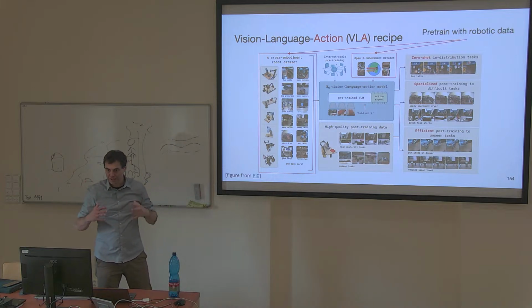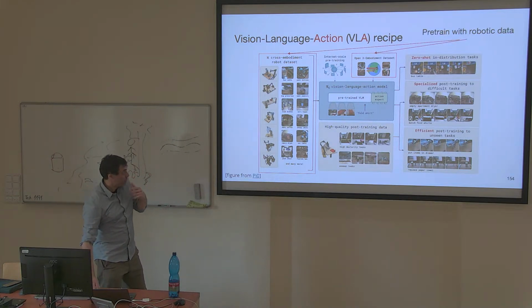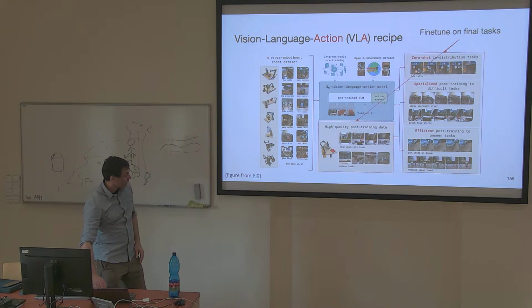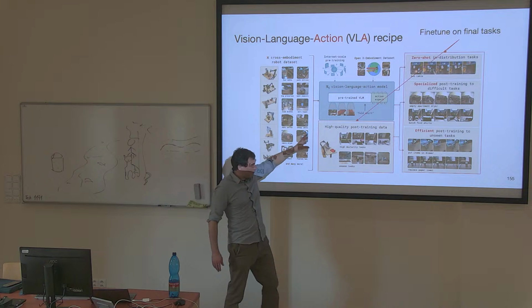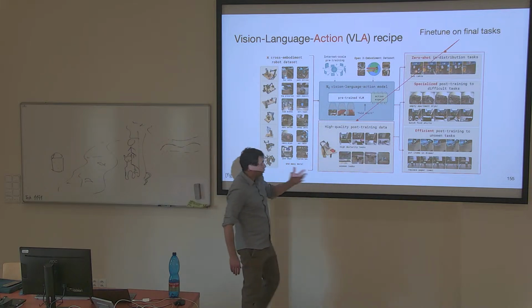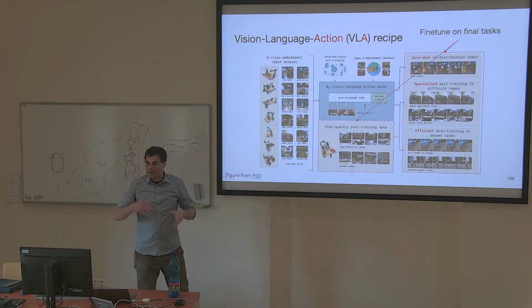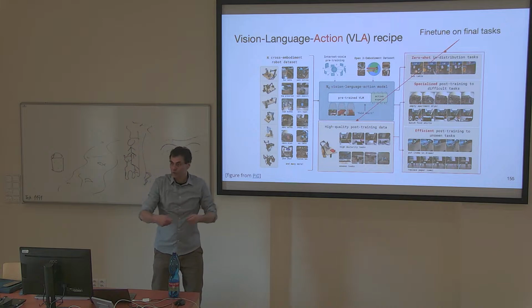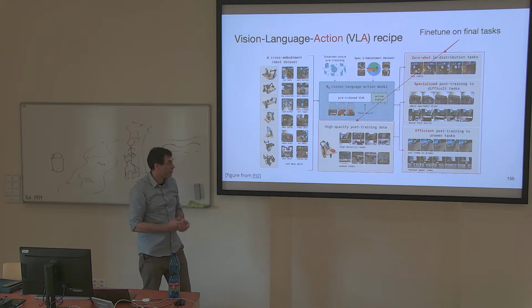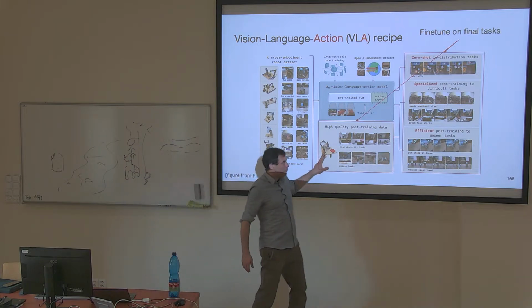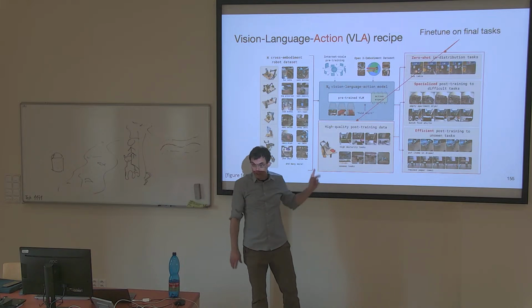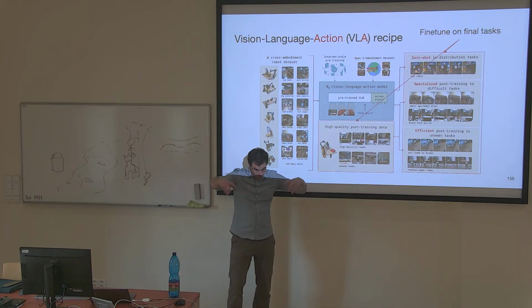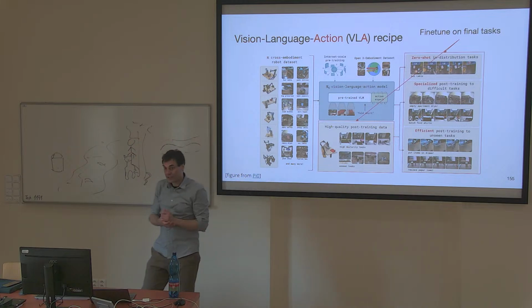The robotics data is much smaller compared to all the other data, but at least it's beginning to grow. And it's fairly coarse. These are different robots in different places. And finally, they do this high-quality post-training when they really train on a specific environment, on manually collected high-accuracy actions, typically for the specific embodiment you're going to work with. So this is fine-tuning on the specific robot, the specific camera viewpoints, with the specific grippers.